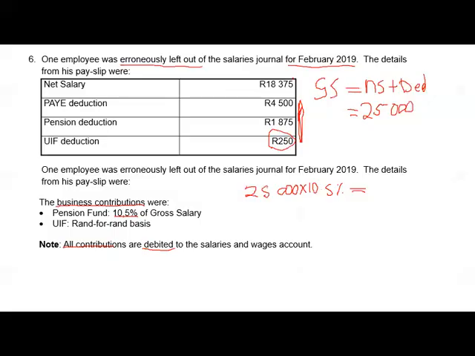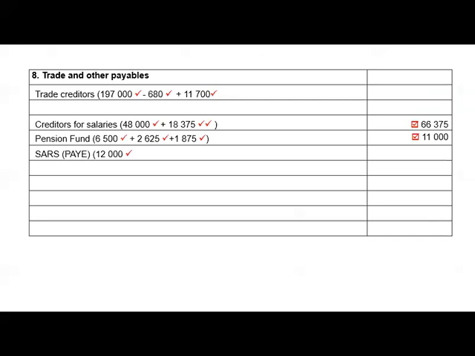I am going to increase that 12,000 by this 4,500 to determine the total pay as you earn we are owing to SARS. Added to the 12,000, in total we owe SARS 16,500 with respect to pay as you earn.